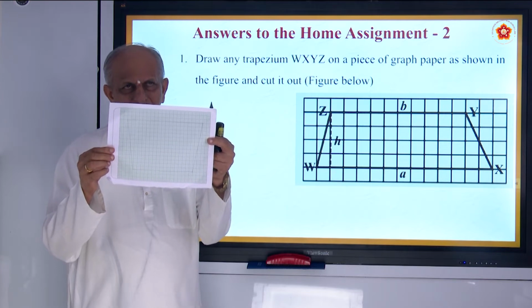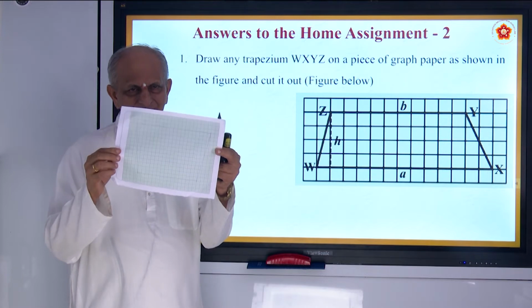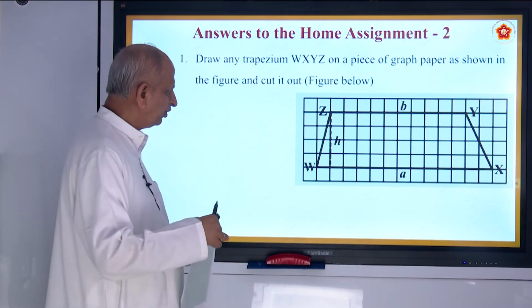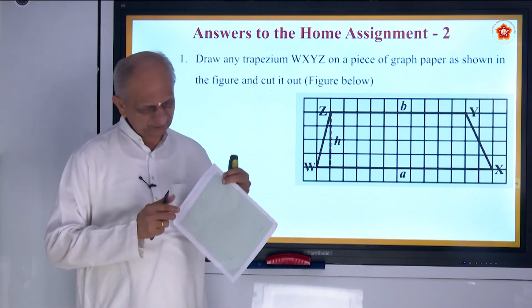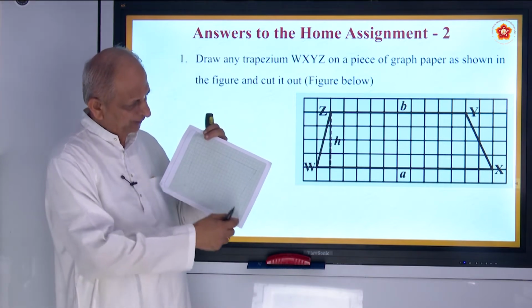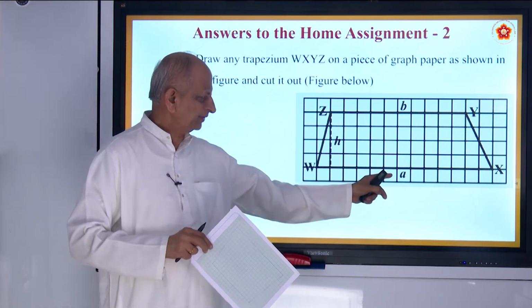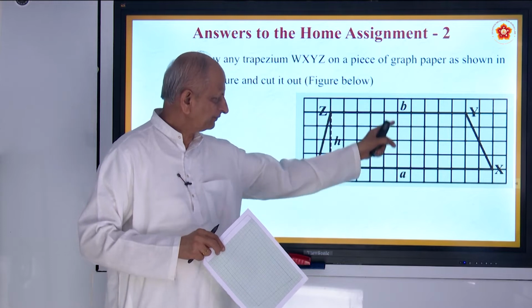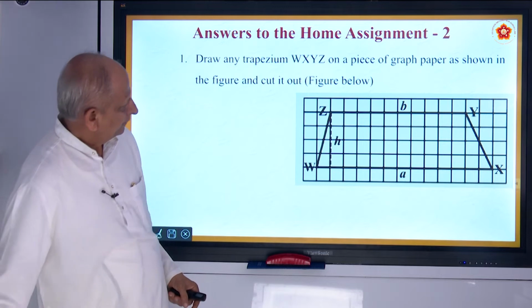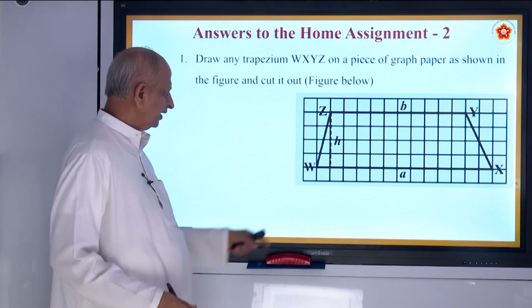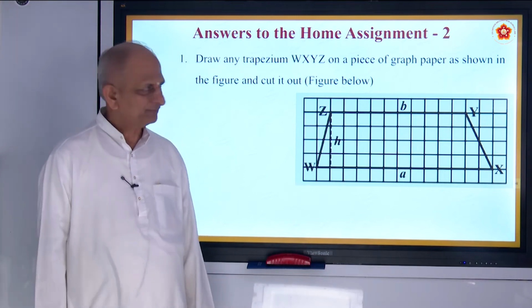Each square is an area of 1 square centimeter. In that graph sheet, we have to draw a trapezium called WXYZ. So WXYZ, you have to mark it. The two parallel sides are A and B, correct? And this is called H.